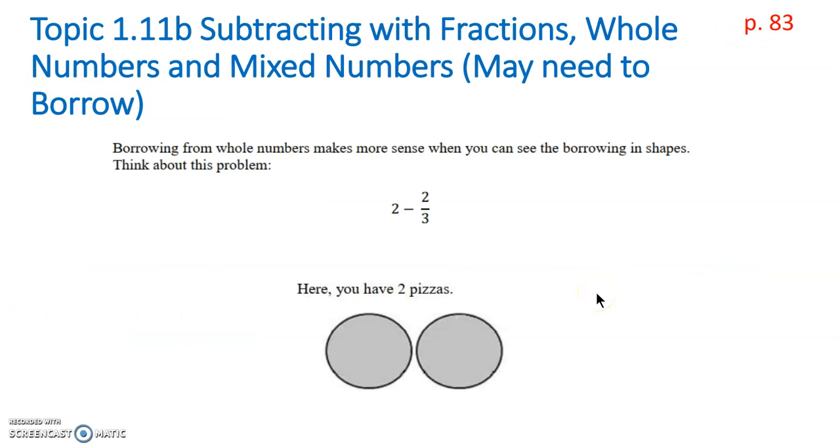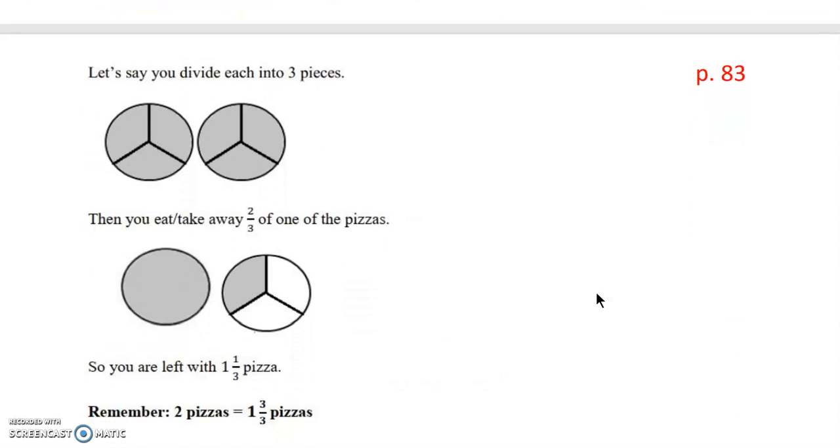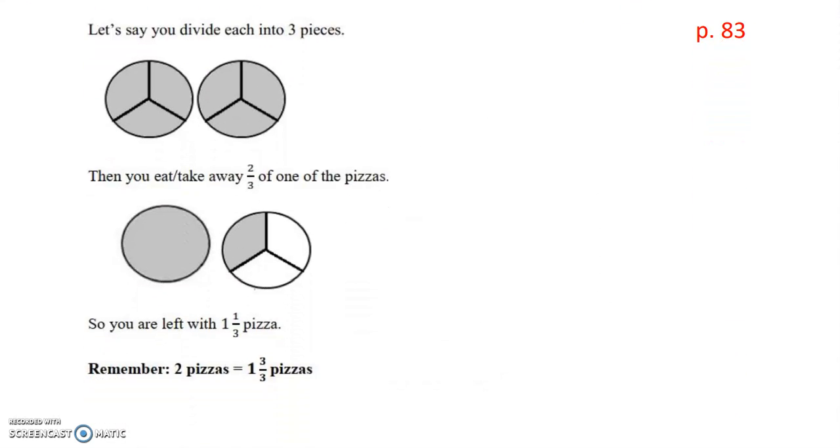In topic 1.11b, we're looking at whole number subtraction, where we take a fraction away from a whole number. So we have a visual here of having 2 pizzas and taking away 2/3. So we have 2 whole pizzas, and then what we do is divide each of these pizzas into thirds, and then we ate 2 pieces.